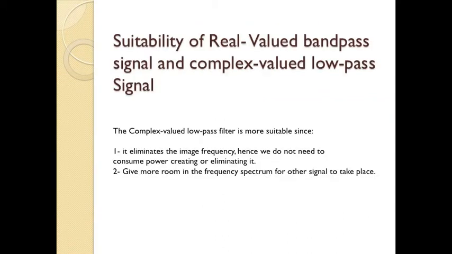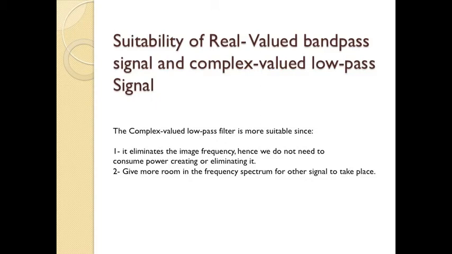In this slide, I'm going to discuss the suitability of real valued bandpass signal and complex valued low-pass signal. The real valued bandpass signal produces an image frequency in the spectrum, which leads to wasted space in the frequency spectrum where the image frequency resides. It also leads to a waste of energy to create the image frequency itself, and a waste of energy to eliminate it.